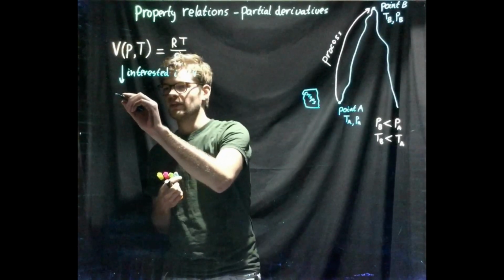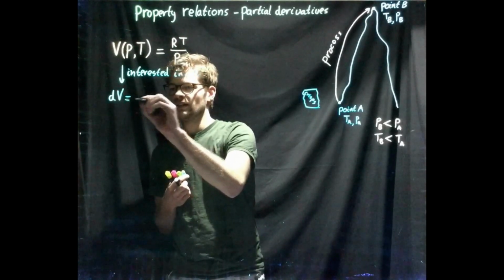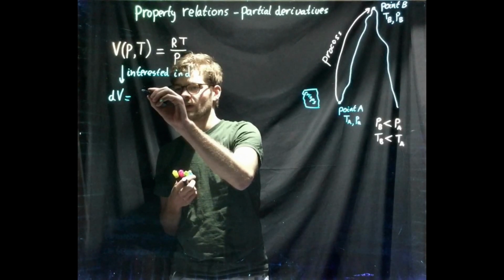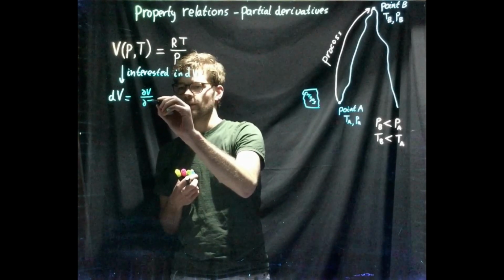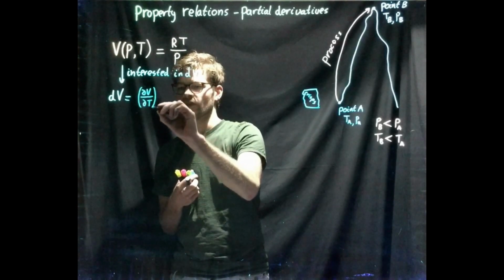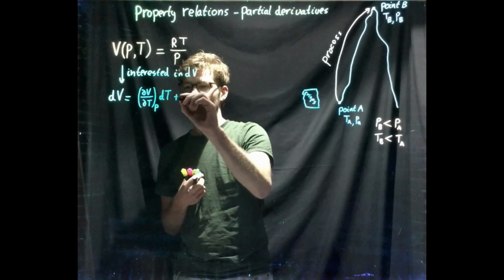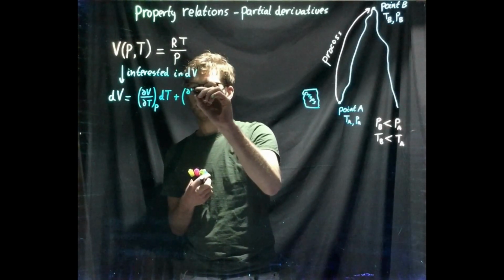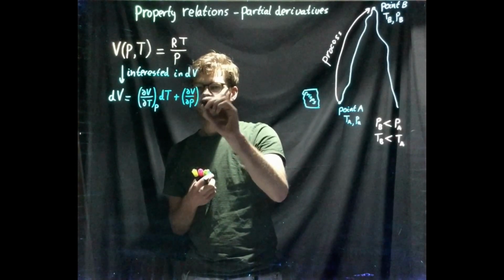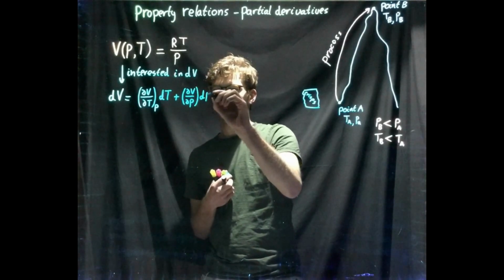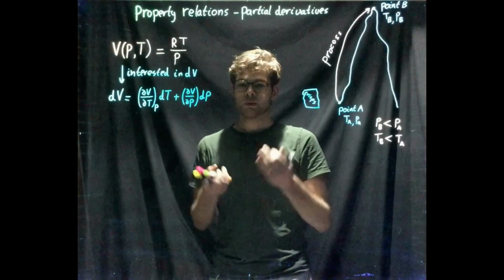So this will lead us to the following differential equation. dV is equal to the partial derivative of volume with respect to temperature for a fixed pressure multiplied by dT plus the partial derivative of V over the pressure multiplied by dP. So here we have our total derivative of the volume.